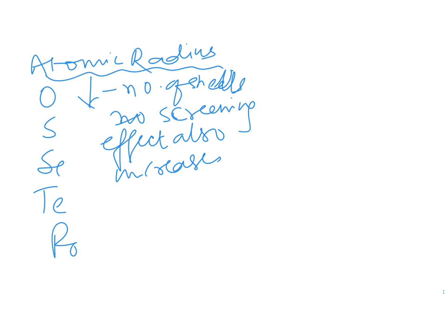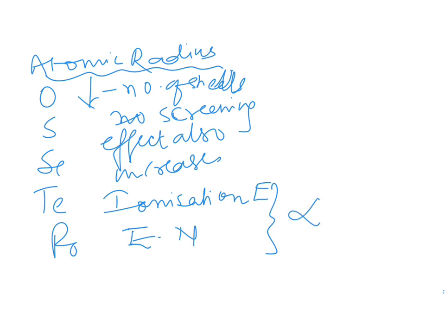Then the next property is ionization enthalpy, and here we will also study electronegativity, because both depend on the atomic size, inversely proportional to it. So we have seen that the atomic radius increases down the group. So what will happen?